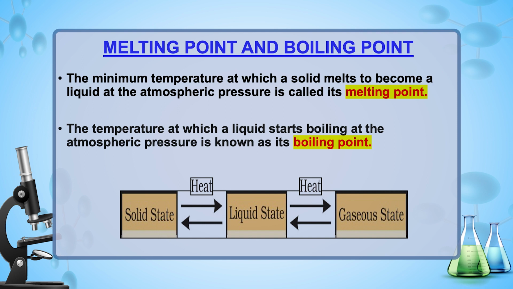The process of melting, that is, change of solid state into liquid state, is also known as fusion. During the change of state, it is observed that when a solid melts, its temperature remains the same. So, a question arises here: where does this heat energy go?